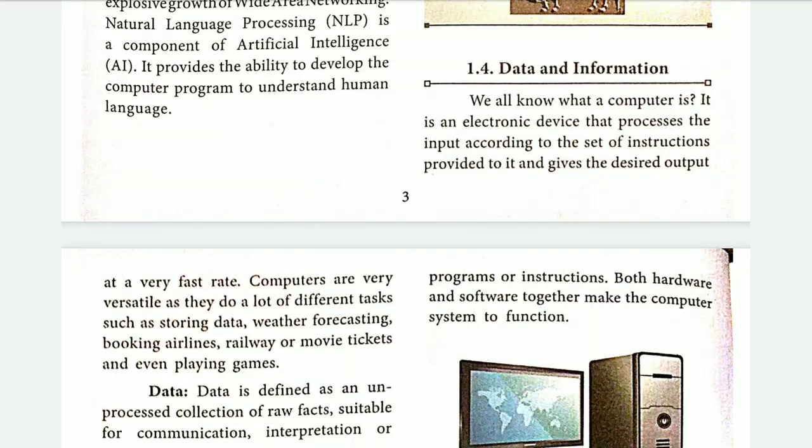This kind of processed data is known as information. So a raw fact is known as data, and processed data is known as information.